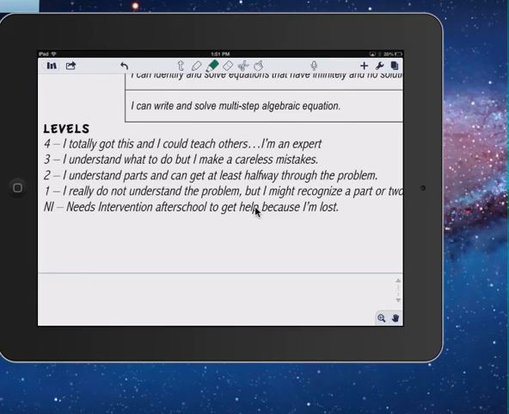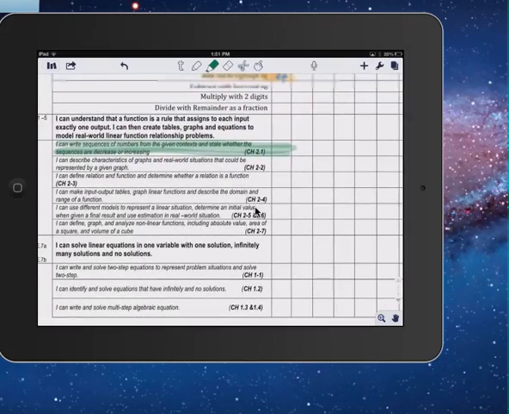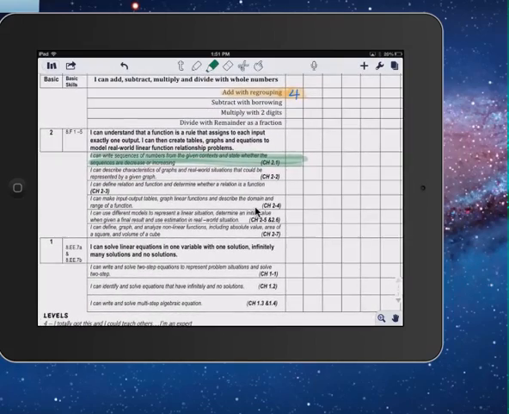Okay? So I want you to put how you feel about recognizing patterns right here. Are you a 4? I can give you any patterns and you get it right. Or are you a 3? Most of the time you can get it, but sometimes you make little mistakes. 2, you can get at least half of it. 1, you recognize a little bit, but you really don't understand it.